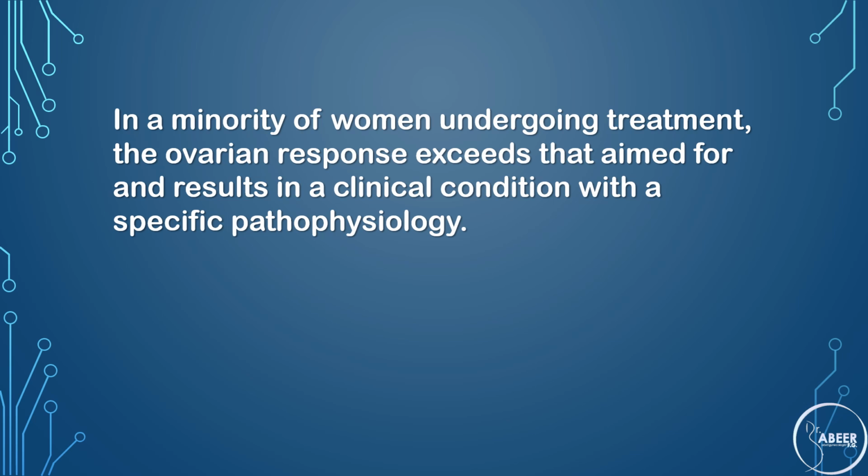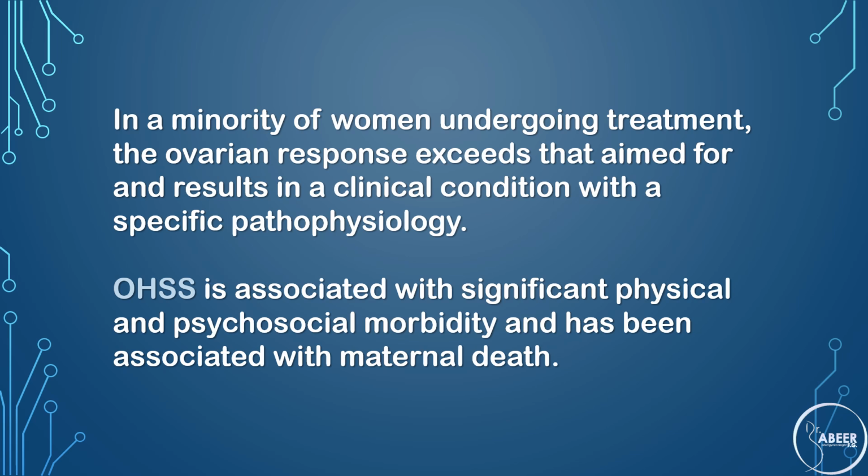In a minority of women undergoing treatment, the ovarian response exceeds that aimed for and results in a clinical condition with a specific pathophysiology. Ovarian hyperstimulation syndrome is associated with significant physical and psychosocial morbidity and has been associated with maternal death.